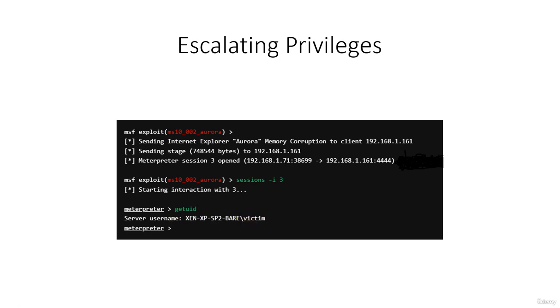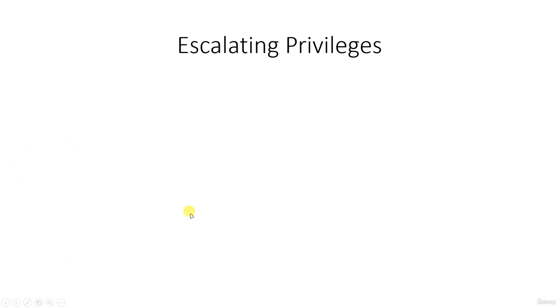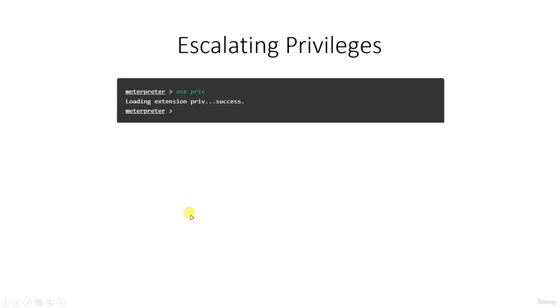To make use of the getsystem command, if it's not already loaded, we will need to load the priv extension first. After getuid, simply type use priv and it will automatically load the priv extension. As you can see, it is a success.